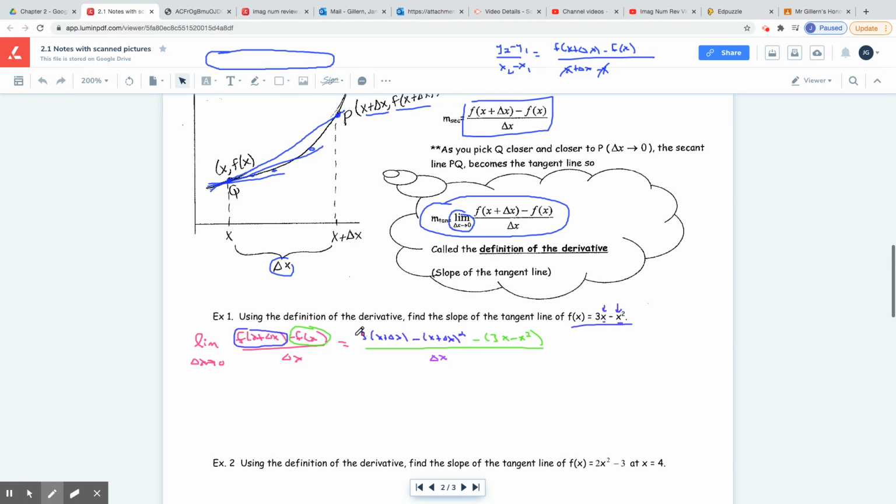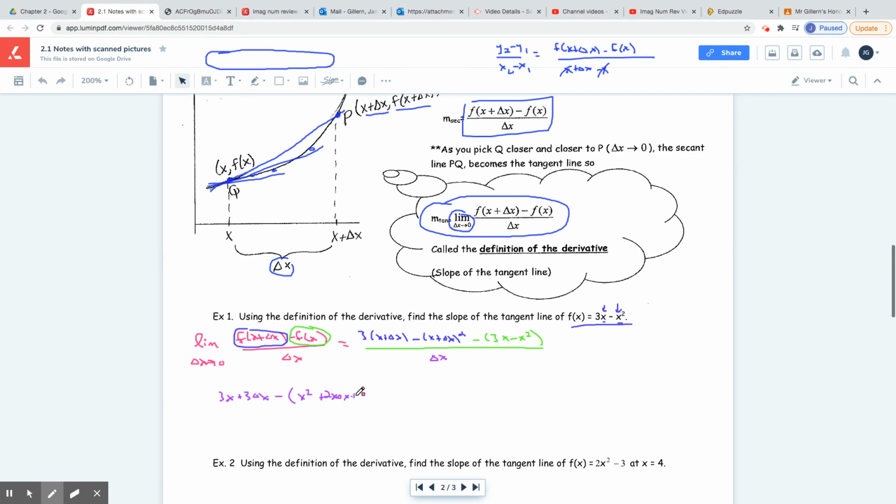All right, so let's multiply this out. I get 3x plus 3 delta x, minus, x plus delta x squared. So x times x is x squared. x times delta x is x delta x. Then there's going to be 2 of those, so it's going to be 2x delta x.